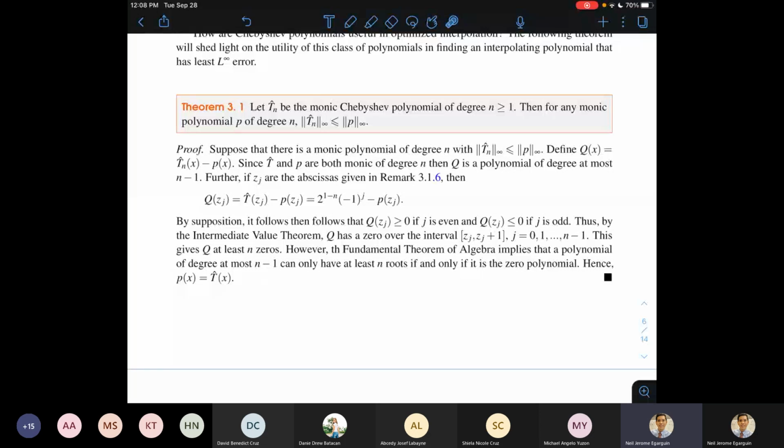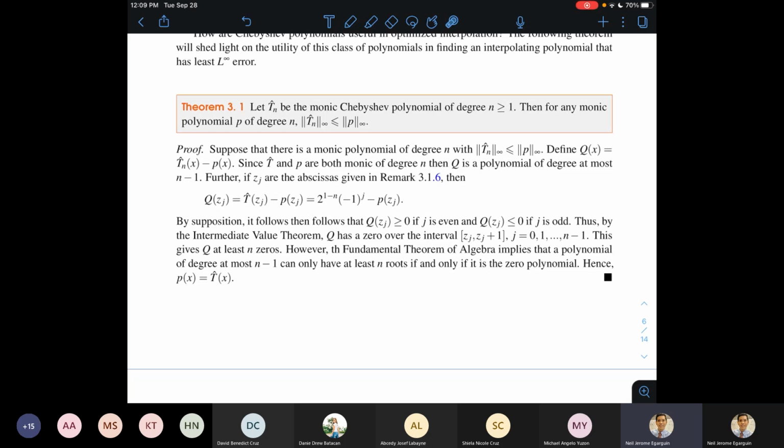Kasi kung meron ka pang kahit anong monic polynomial of the same degree n, yung L infinity norm ni monic Chebyshev polynomial ay laging mas maliit or equal to the L infinity norm of the monic polynomial of degree n. So ibig sabihin, among the class of all monic polynomials of degree n, yung monic Chebyshev polynomial yung may pinakamaliit na L infinity norm.